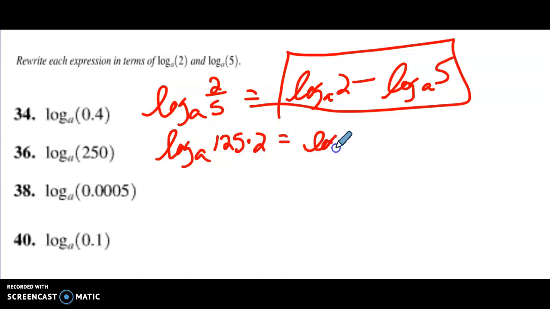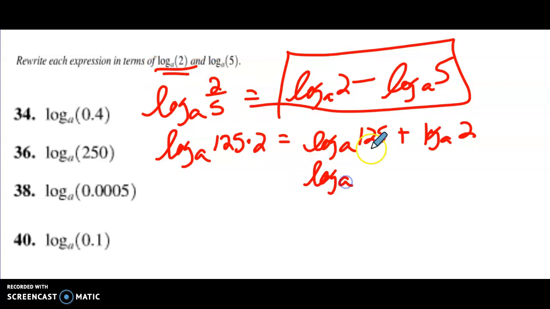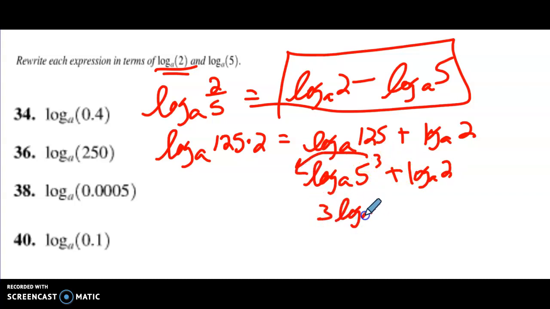Okay, so that's log base a of 125 plus log base a of 2. All right, since I knew I was looking for 2's and 5's. And the log base a, I don't know if you realize this, but 125 is 5 cubed. So I bring the 3 in front, and I have 3 log base a of 5 plus log base a of 2.